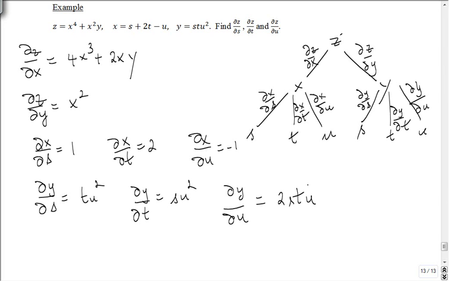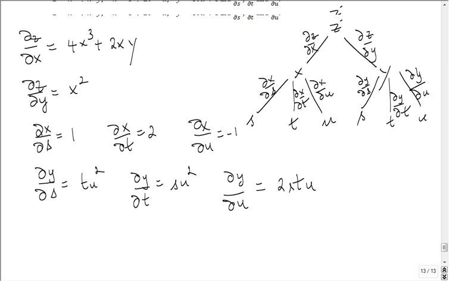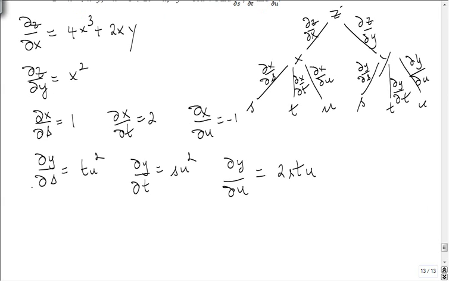All right. Okay, let's bring them all together. So, what's the question? We want partial z with respect to s. Okay, so follow the tree. We need these two times these two.